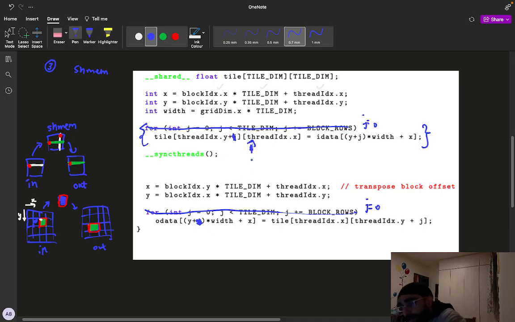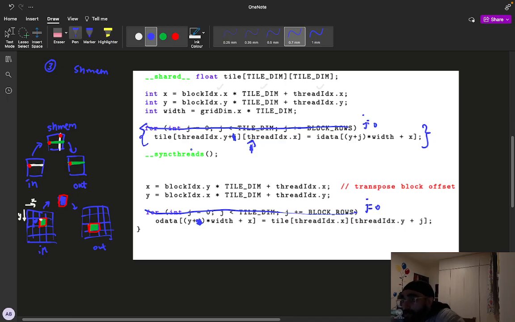Okay, and you note that we store row wise. Wait, we are loading from input data in a row wise fashion.